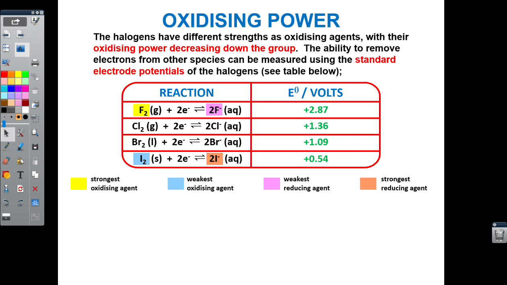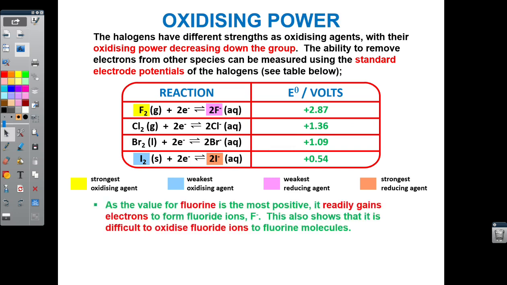They are relatively happy to give up their electrons and pass them on to other species, thereby reducing those other species. And so of the 4 halide ions we have here, iodide ions would be the best reducing agents. Notice that we've left out astatine because, as I said earlier, it's radioactive and it's very, very rare, and we never really count it in terms of chemical reactions.